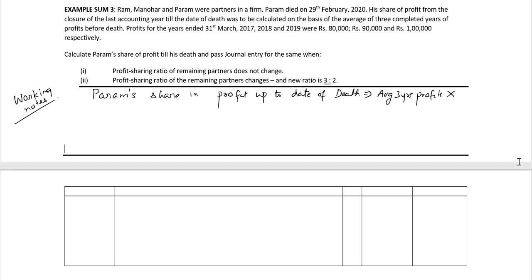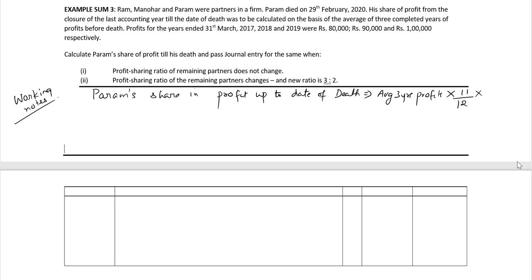So the current accounting year is from 1st April 2019 to 29th February 2020. So that's 11 months. So multiplied by 11 divided by 12 and multiplied by Param's share in the profit.